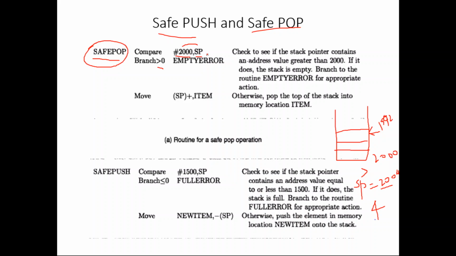It will perform 1992 minus 2000, which will be minus 8. But in the empty case it will perform 2004 minus 2000, which is 4.